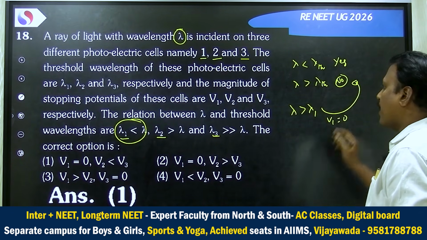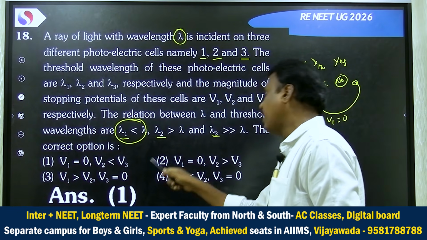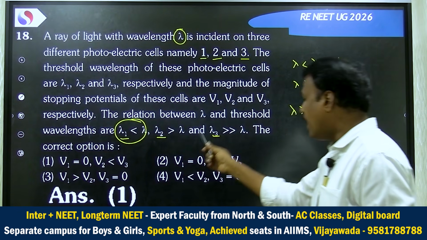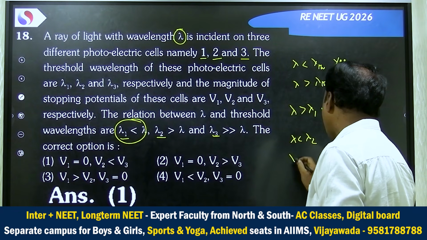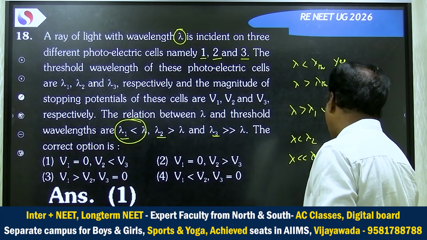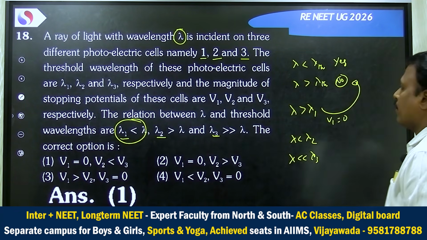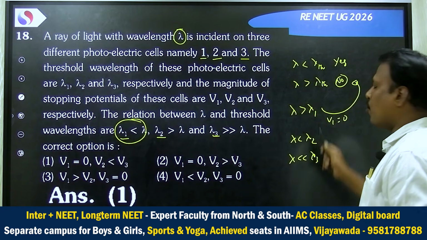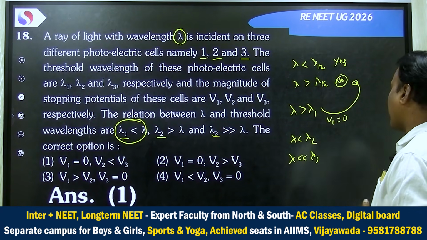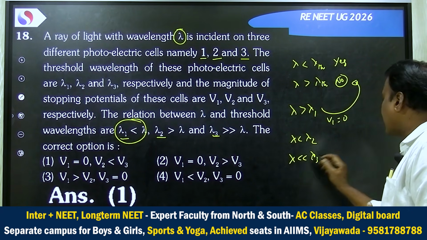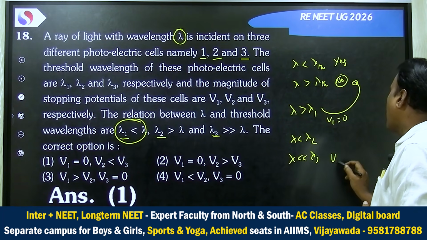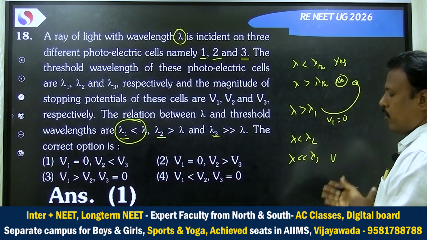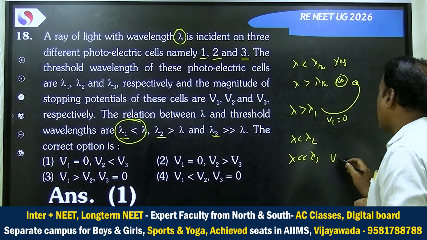And next, the remaining 2 cases. In the remaining 2 cases, lambda here is less than lambda 2. Lambda is much less than lambda 3. That means in both cases there is photoelectric effect, but here incident energy is very much more, so velocity is more, and stopping potential is also more.